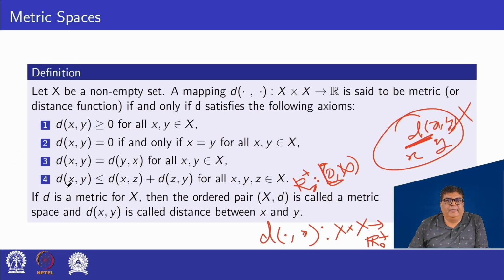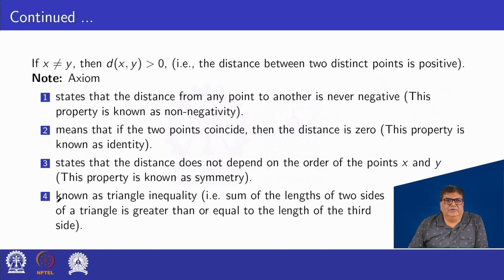Fourth property, d(x,y) is less than or equal to d(x,z) plus d(z,y) for all x, y, z belonging to X. This axiom is known as the triangle inequality, that is, the sum of the lengths of two sides of a triangle is greater than or equal to the length of the third side. Clear?